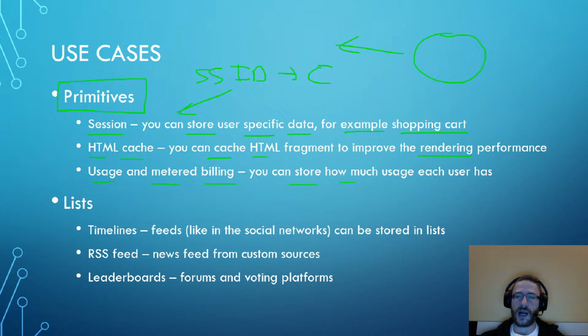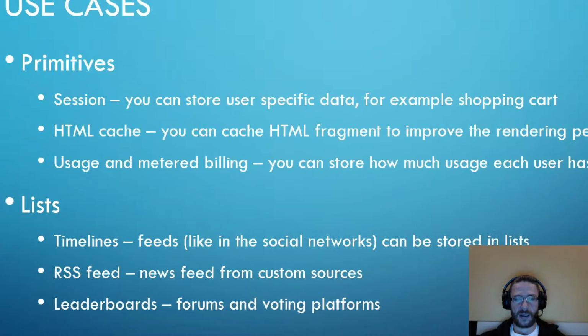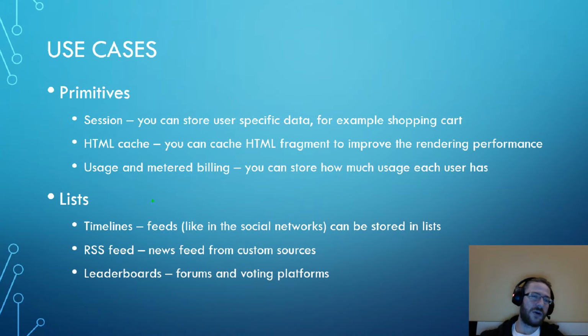We can use usage and method billing. We can store how much usage each user has. For example, we bill for different usages on our system. For example, you can run tasks, CI machine. We can run different tasks, and we bill our clients for each task which was run. And we bill our clients for every 60 seconds of running a task.